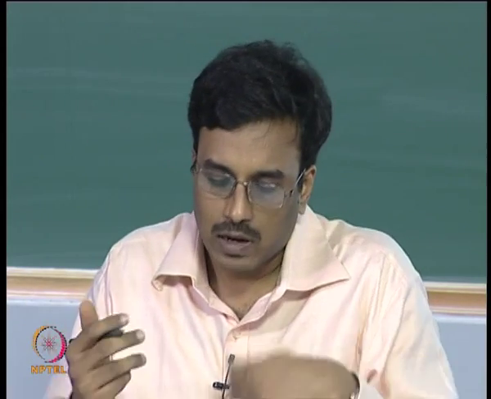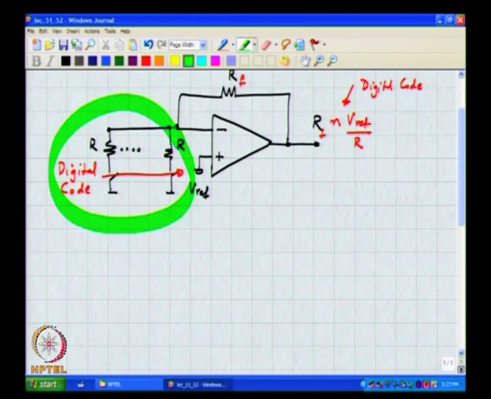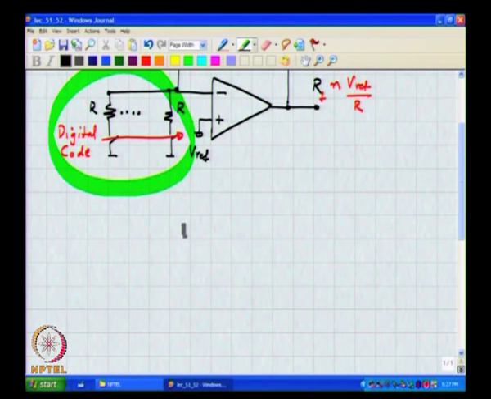Now, one can think of several ways of implementing this current digitally. So, one straightforward way would be to say, okay, this is my so called virtual ground to the op amp.